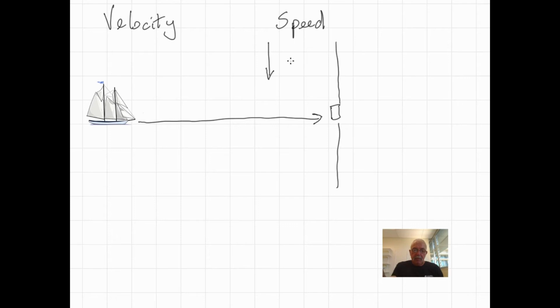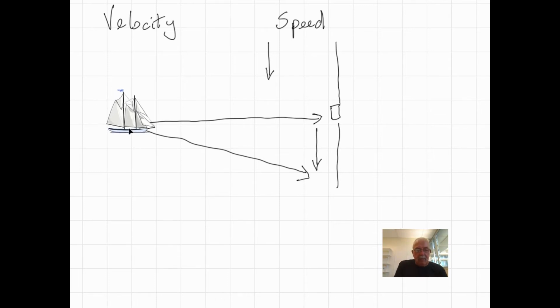But because we've got this current, it would actually push the boat off course, and the resultant would mean that the boat would end up travelling in that direction. So if you like, the boat would end up heading down this path because of the effect of the current.